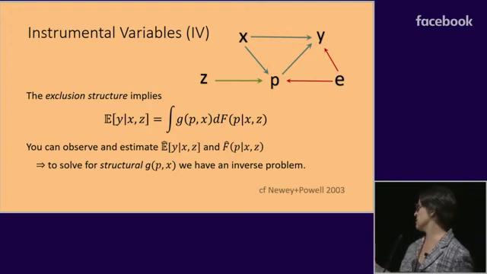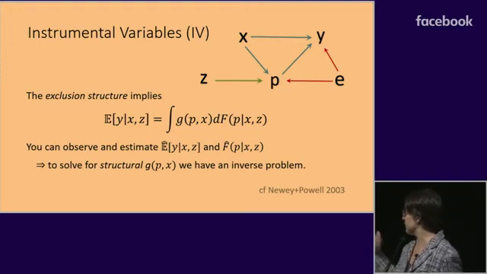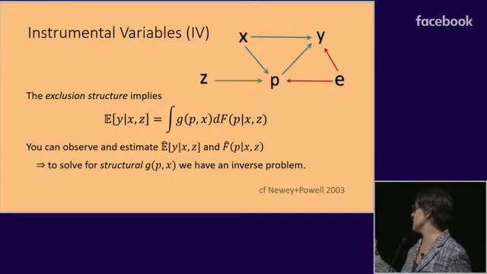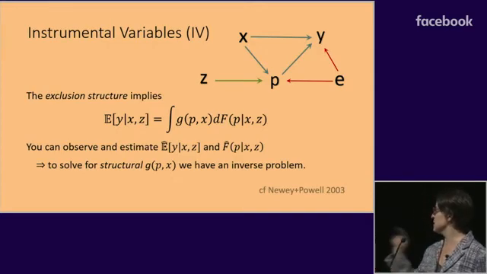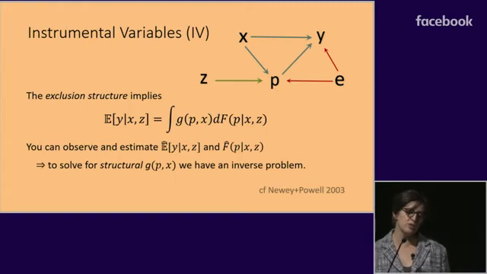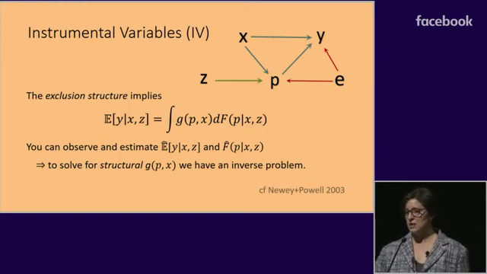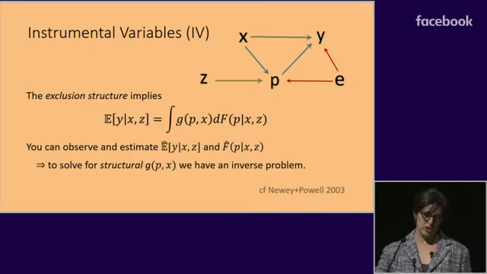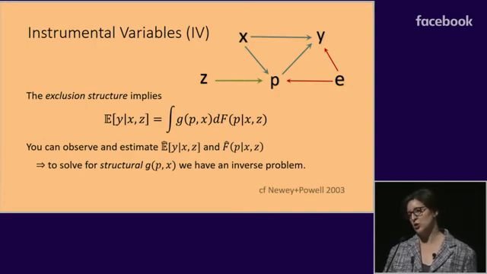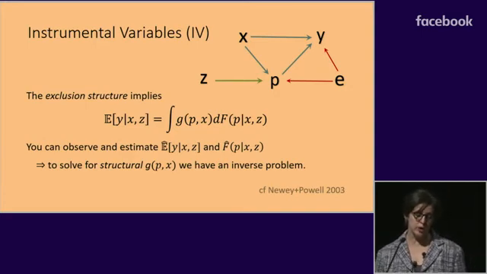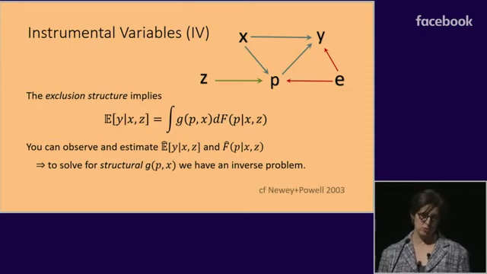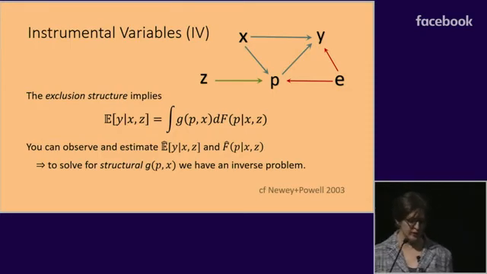Prices tended to be, on average, different in different contexts X, and prices were also different with different Z's. But the key is that Z is not in the g function. That's the formalization of the exclusion restriction. Z is shifting the price distribution, but it's not affecting the overall demand relationship. And that exclusion restriction is what allows you to actually learn about the effects of price on demand. Without that, you don't have a good way to learn that.